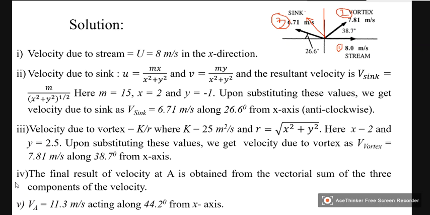So you have to find. This is V1. This is V2. And this is V3. So how do you find the resultant velocity?